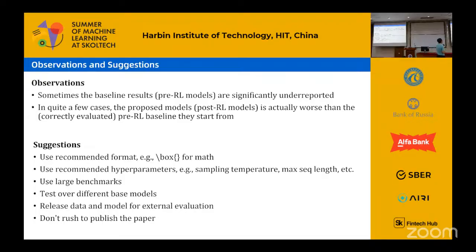Also, we should use large benchmarks. Otherwise, with a very small benchmark, the performance may be very random, with large variance. You should also test over different baseline methods or base models. If you find some very interesting or even abnormal or surprising results, you should release the data or model for external evaluation or cross validation. And most importantly, do not rush into publishing a paper.